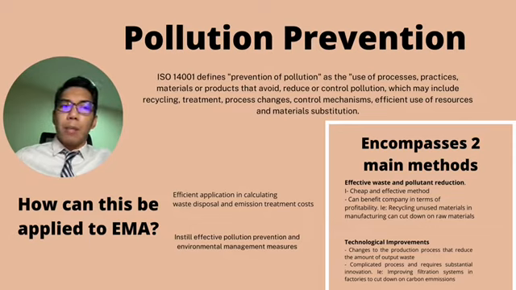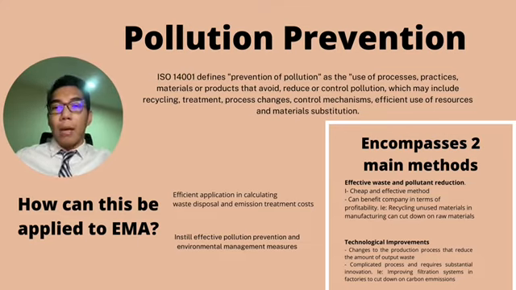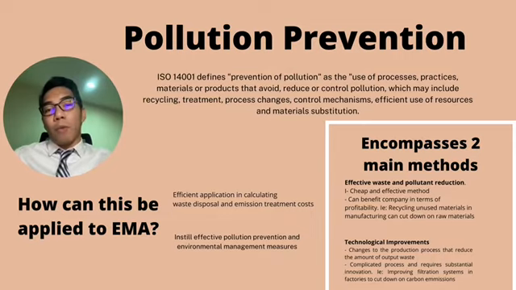This encompasses the calculation of labor costs, disposal fees, the purchasing value of wasted materials, and so on. These calculations are able to instill effective pollution prevention measures and environmental management.